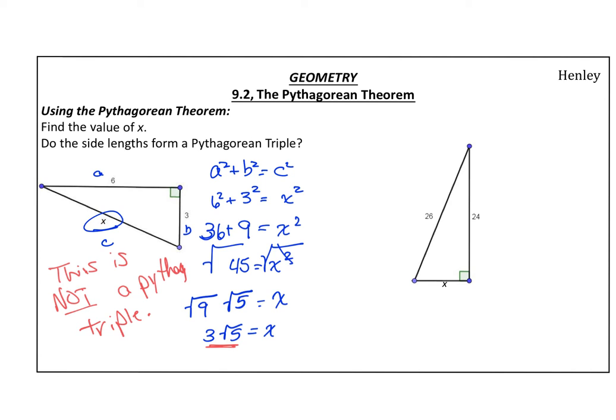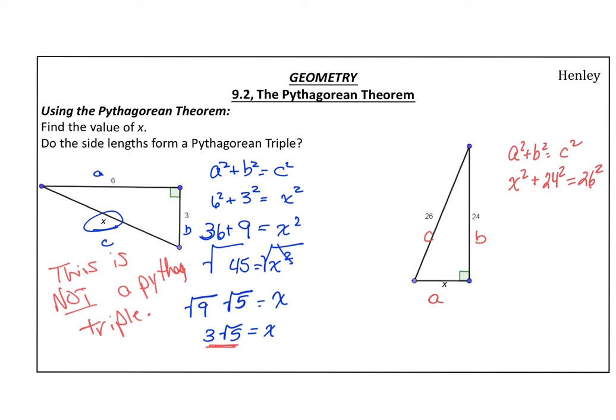Let's do the same thing over again, the same way we did the last problem. So we have a squared plus b squared equals c squared. A is x squared plus b is 24 squared equals c, which is 26 squared.